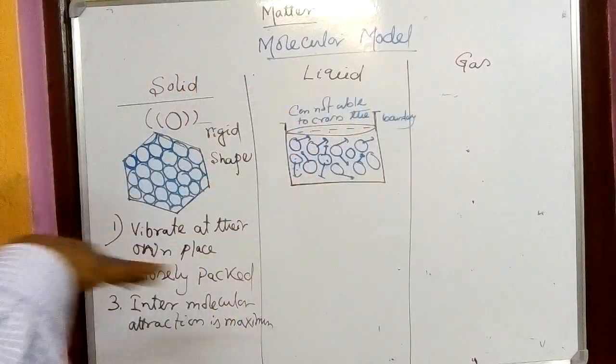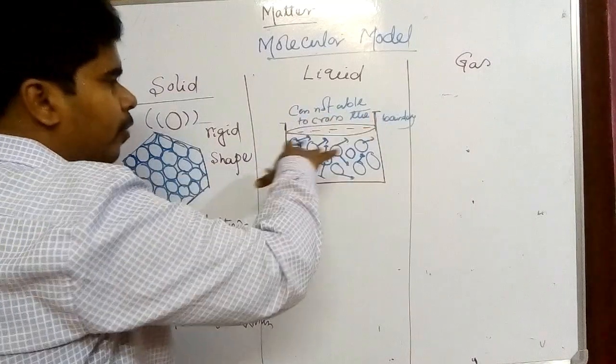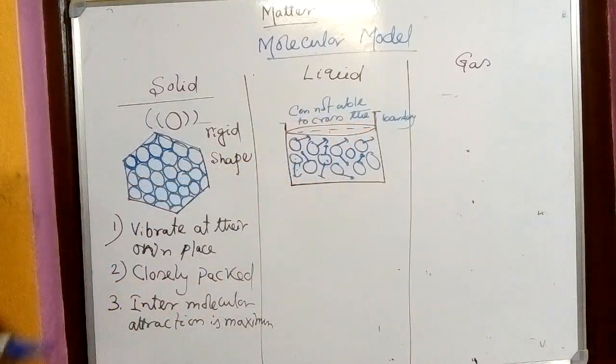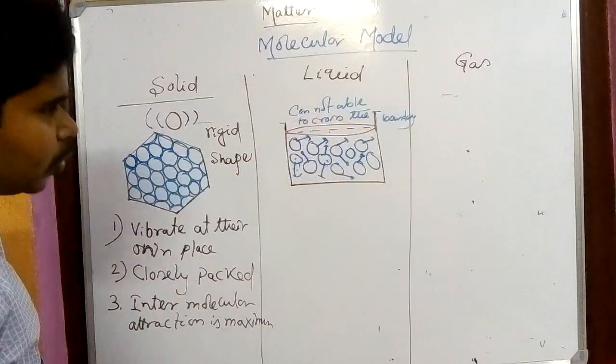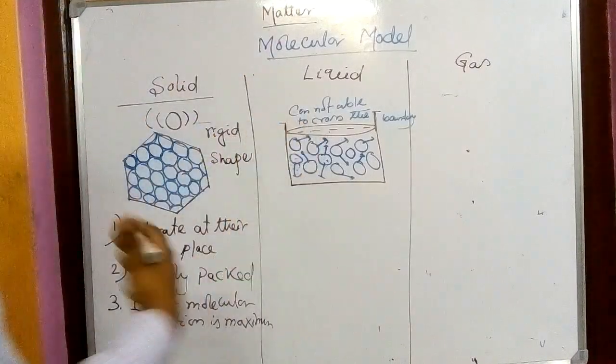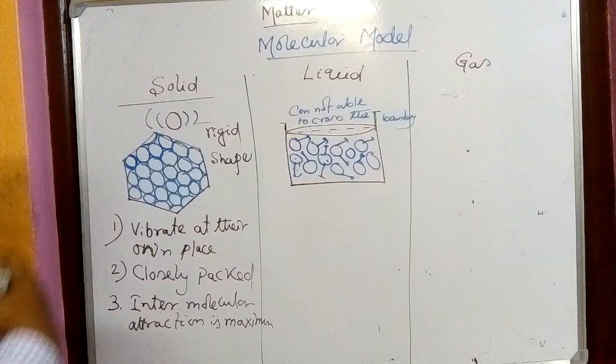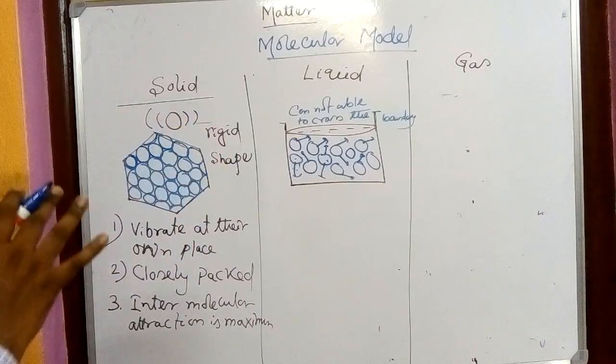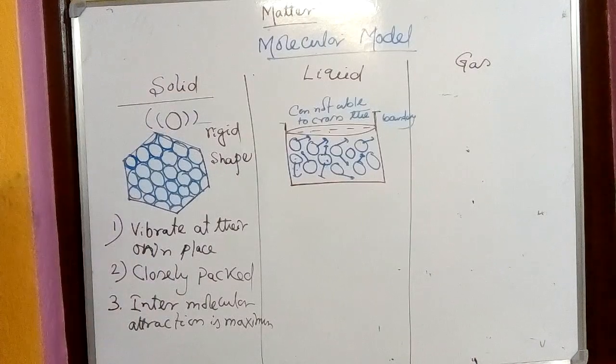The boundary means the top surface we have seen. The molecules cannot cross the surface. They can move inside the liquid, but they cannot cross it. This is the molecular model of liquid.